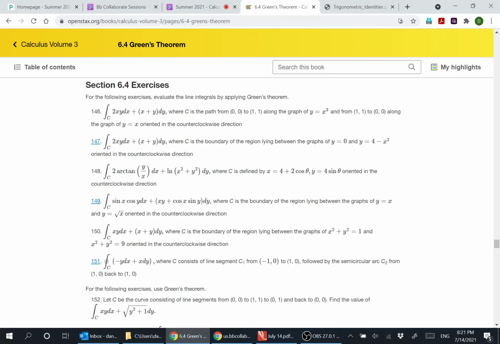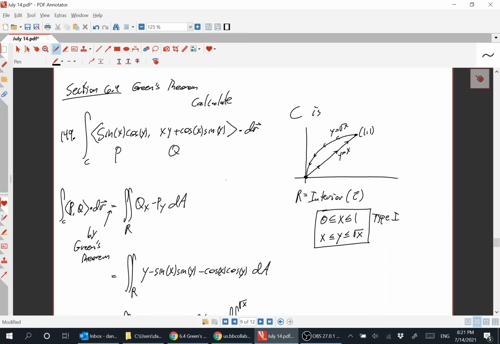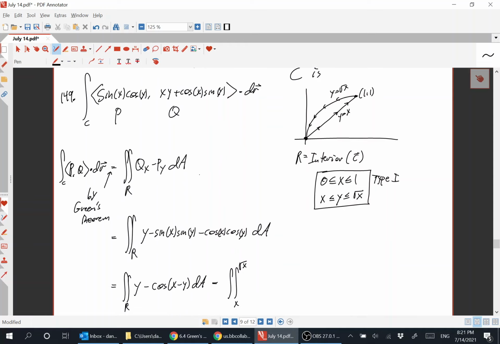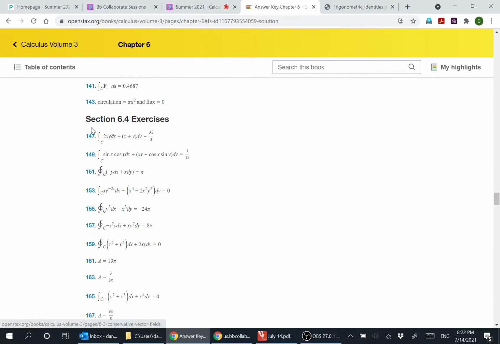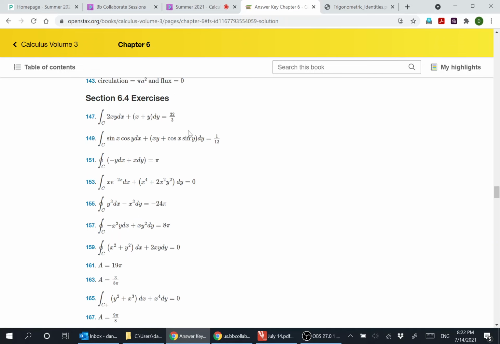Sine x cosine y, cosine x sine y. It's not doable. I'm not sure what they're getting at here with this one. It's not doable. Should have the answer on the back. 112.